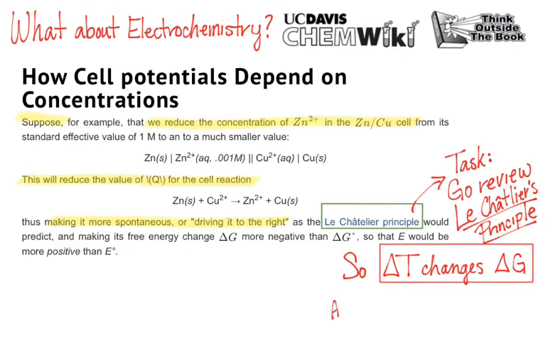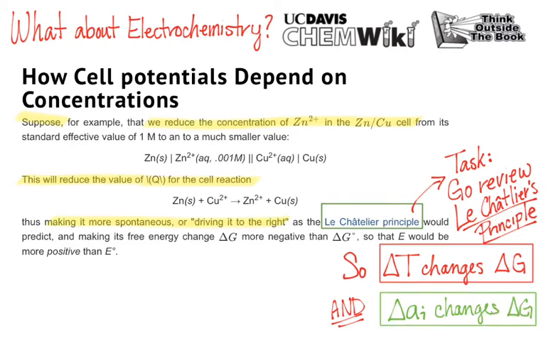But additionally, change in activity of one of my species is also going to change the Gibbs free energy. So when I say concentration, I'm implying in this case that I'm also changing the activity, the effective mole fraction in the system. If I change the mole fraction of one of my species, I change the Gibbs free energy of that species.